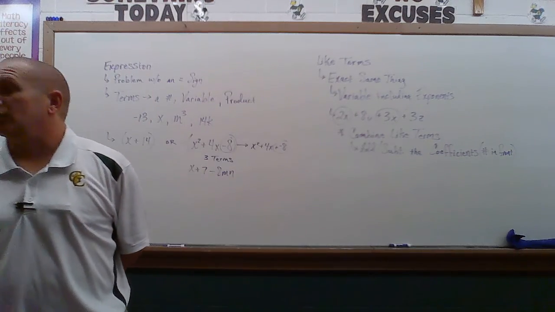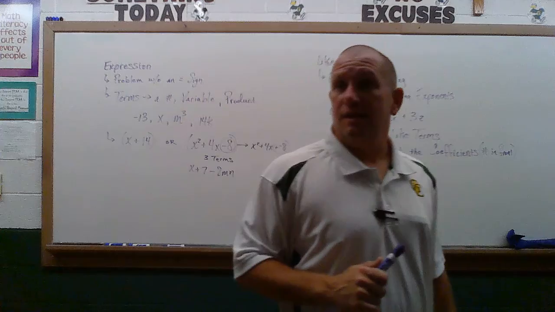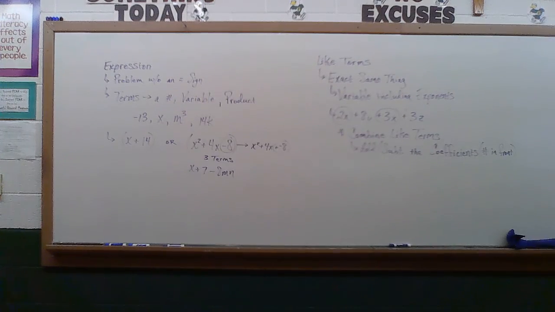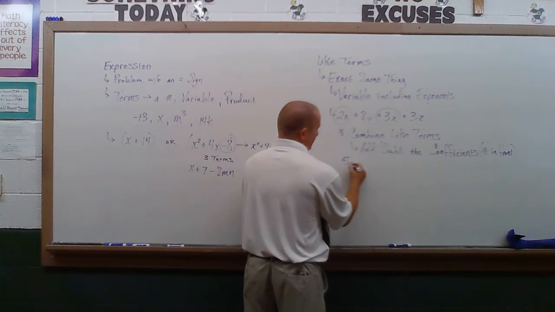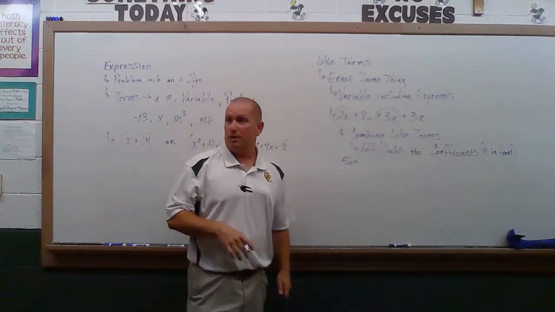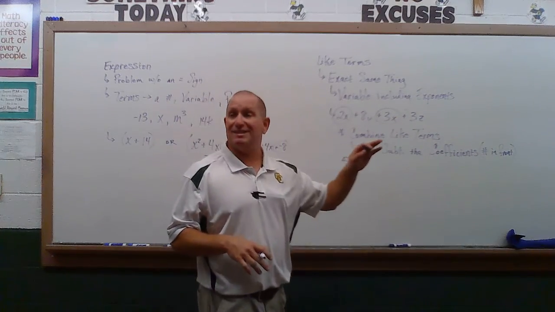Okay, so if I tell it to you this way, if I have 2 cows, and I bring in 3 more cows, did those cows or kind of cows change? But if I wrote this as 5x squared, is 5x squared in the original problem anymore? No. So how do you add something?